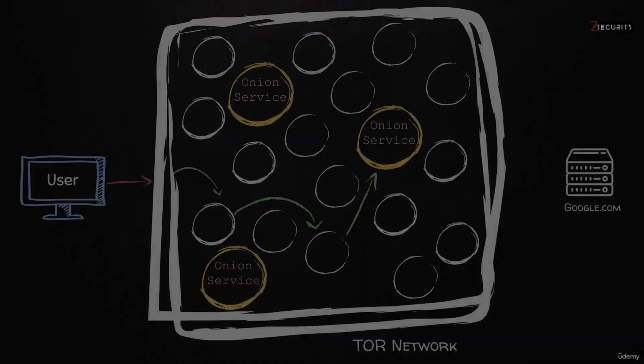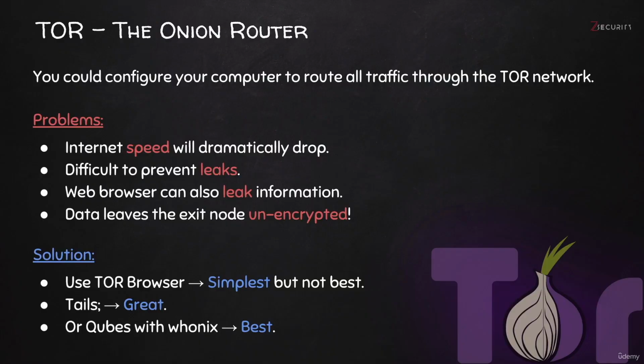So, like I said, there's a lot of steps to do if you want to configure your computer to use the Tor network. And even if you do all of that, you could miss a small detail that could potentially leak information and reveal your identity. Therefore, a better solution is to use the Tor browser, and we'll talk about that in the next section.